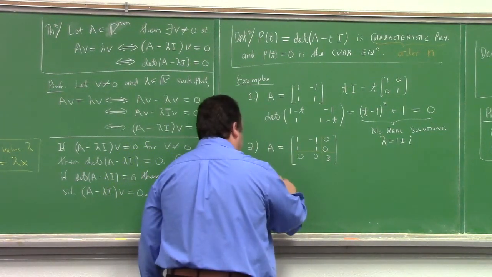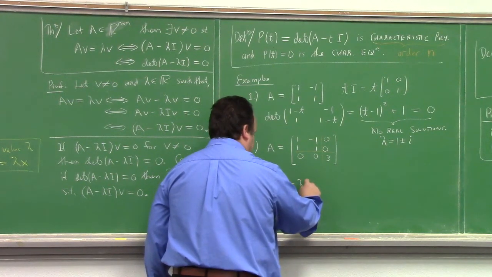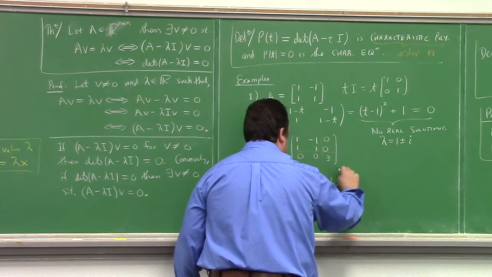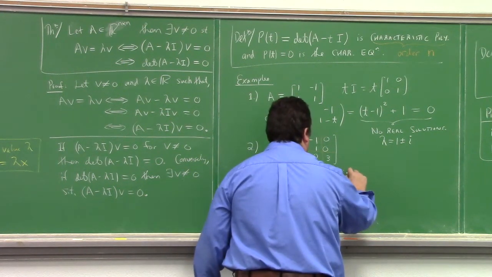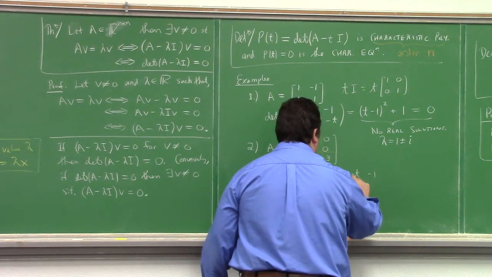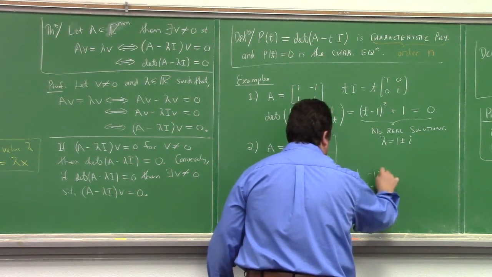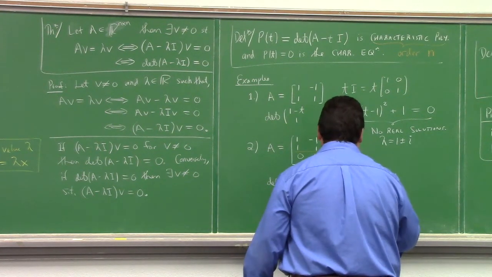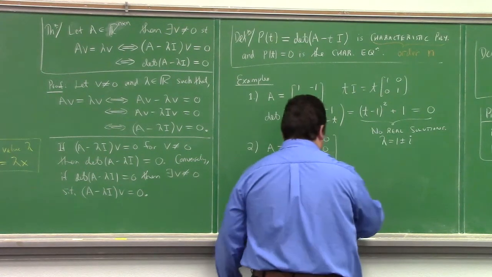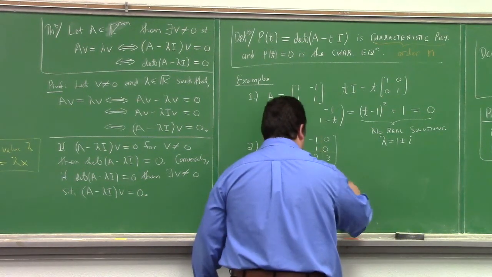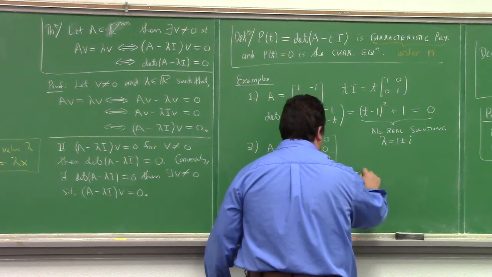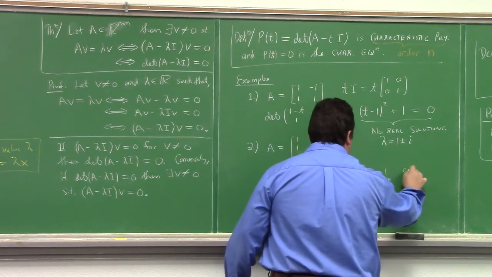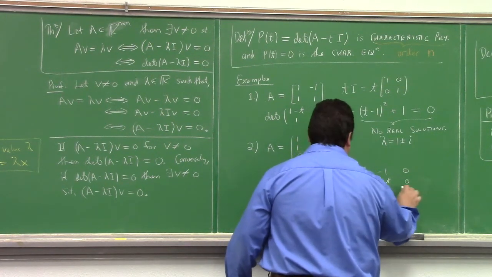So here, the determinant of A minus lambda I3 is the determinant of 1 minus t, minus 1, 1 minus t, 0, 0, 0, 0, 3 minus t. Sorry, I'm using too much deeper magic.